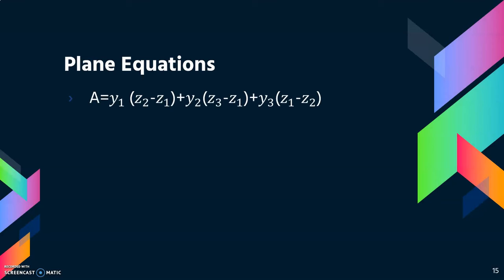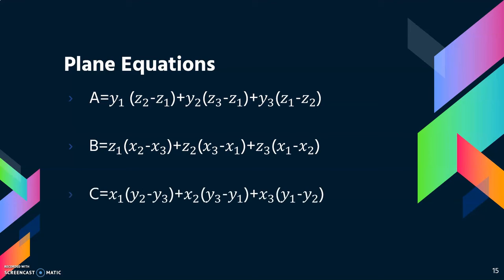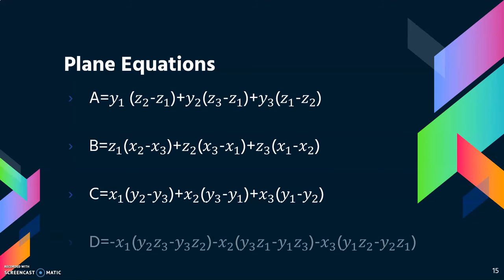A is equal to y1(z2 - z1) + y2(z3 - z1) + y3(z1 - z2), and B is equal to z1(x2 - x3) + z2(x3 - x1) + z3(x1 - x2), and C is equal to x1(y2 - y3) + x2(y3 - y1) + x3(y1 - y2), and D is equal to -x1(y2z3 - y3z2) - x2(y3z1 - y1z3) - x3(y1z2 - y2z1).